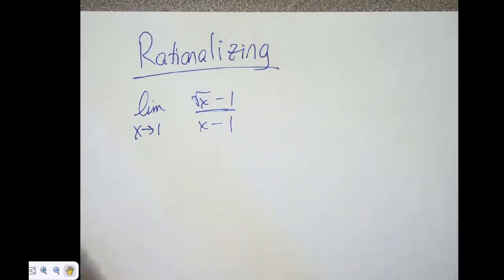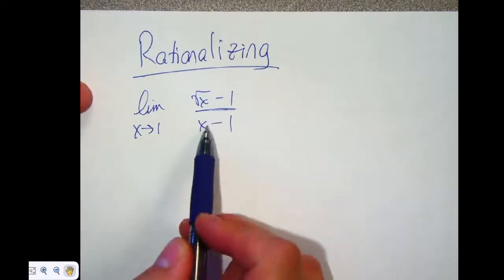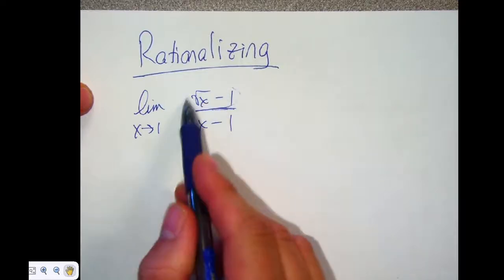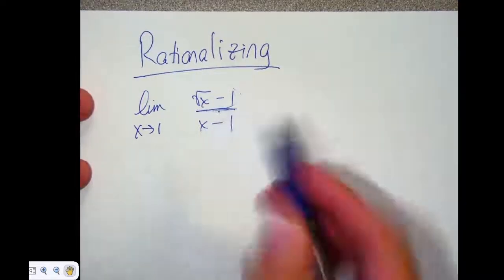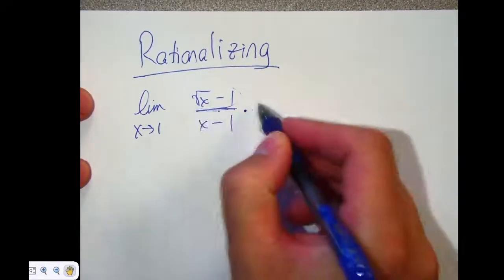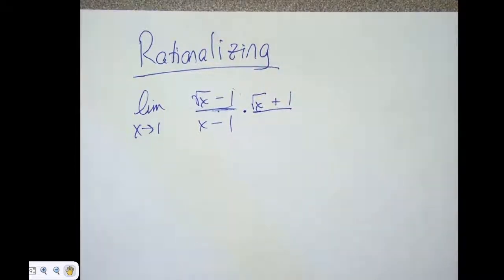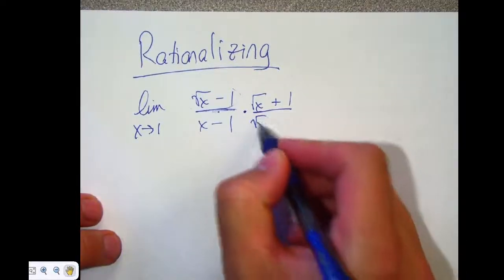A minus b. What's the conjugate of a minus b? A plus b. So, it's the square root part that I'm worried about. I'm going to look at that top part and see that it has a square root there. So I'm going to multiply by the conjugate of that, the square root of x plus 1. If I do it to the top, I've also got to do it to the bottom.